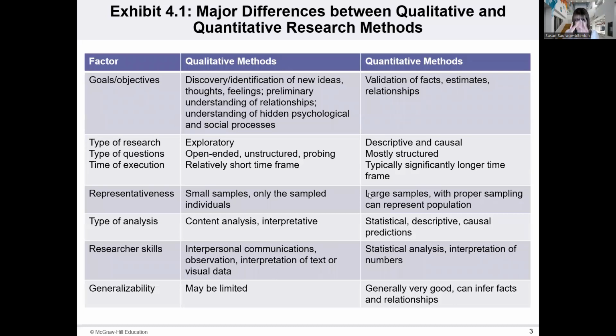So the differences between qualitative and quantitative are outlined here. I won't read through them, but know that qualitative is not projectable. That means that you might do a focus group of 6, 8, or 10 persons. They don't have to be representative of gender or gender identity or age or ethnic background or users versus non-users or any of that.